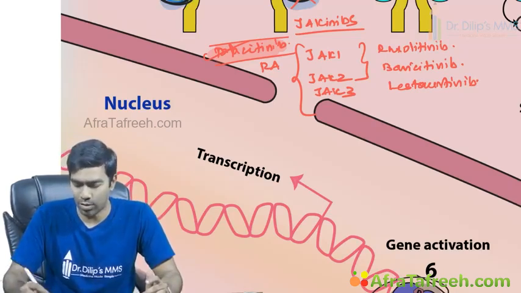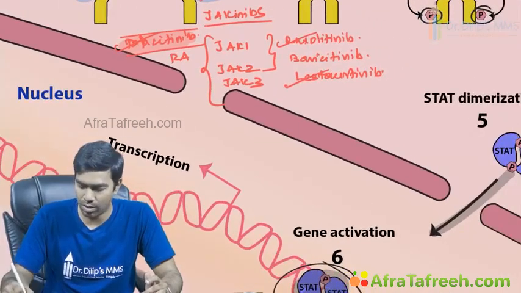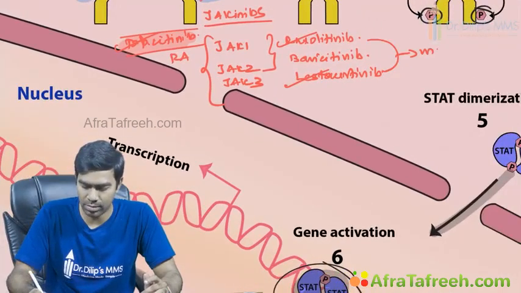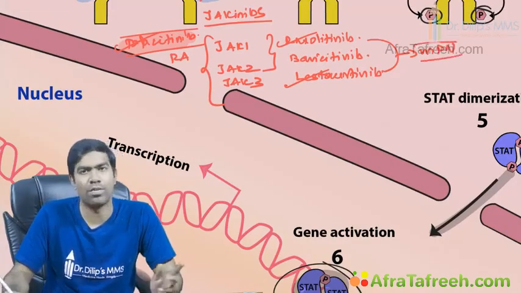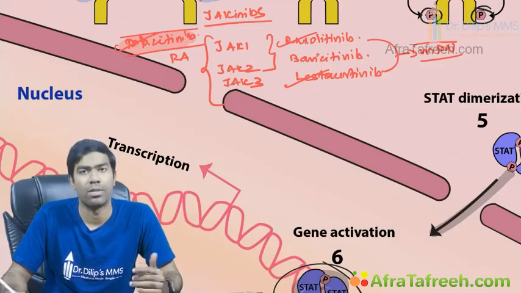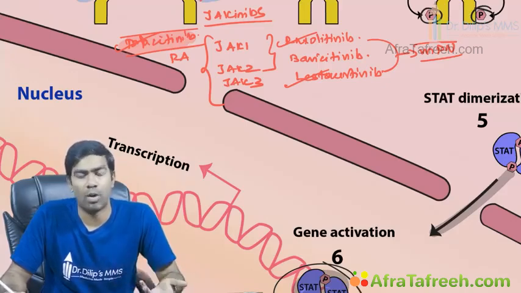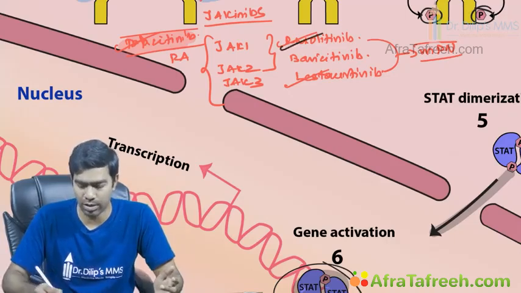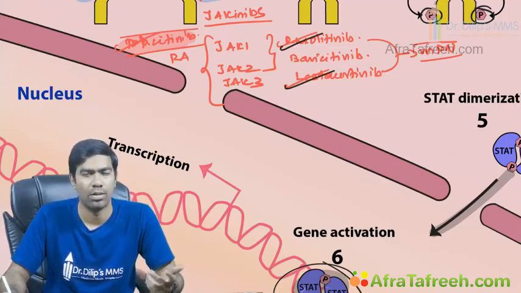Ruxolitinib and fedratinib are usually approved for myeloproliferative neoplasms or myeloproliferative disorders like polycythemia vera. Then you can use them for primary myelofibrosis. In those conditions, especially ruxolitinib and fedratinib have been approved for use.